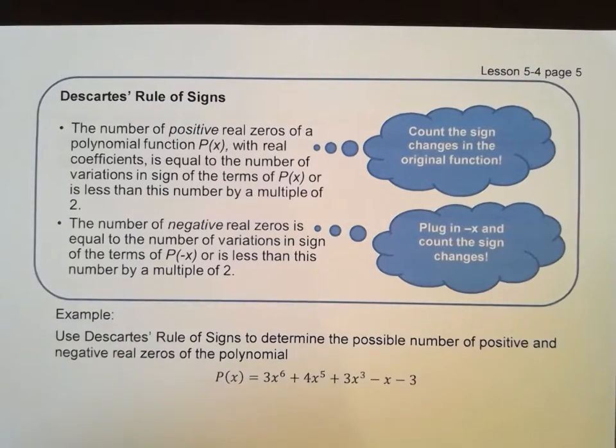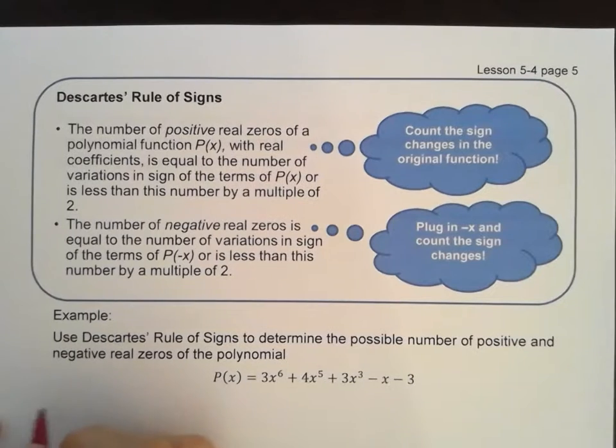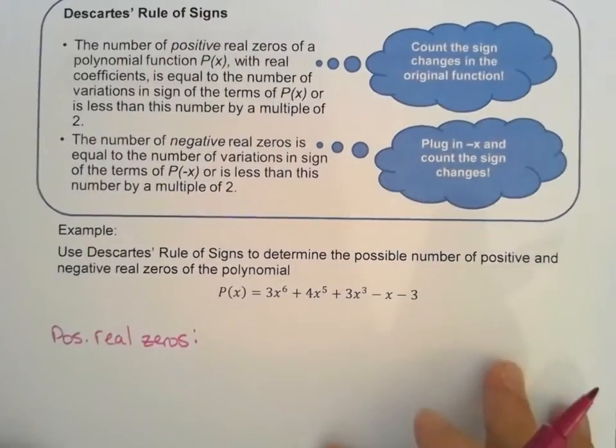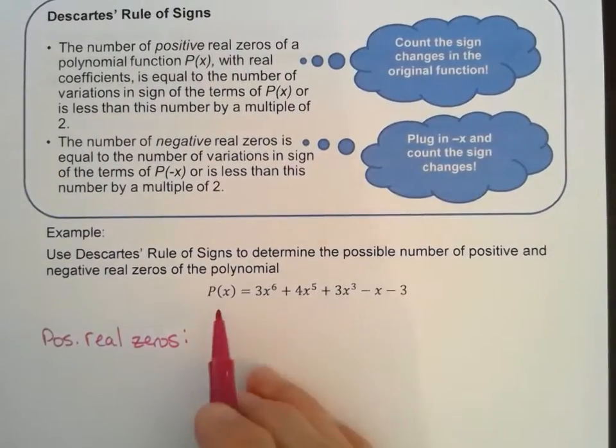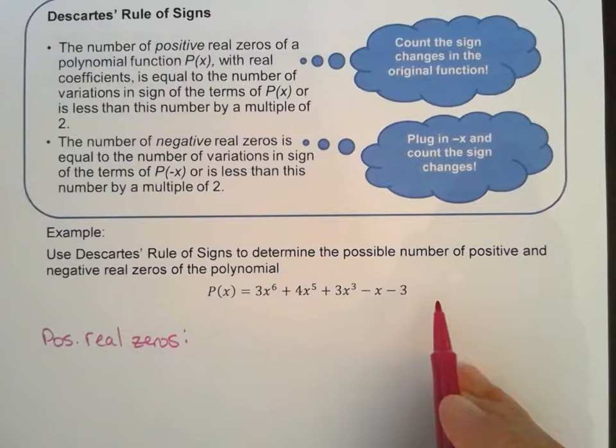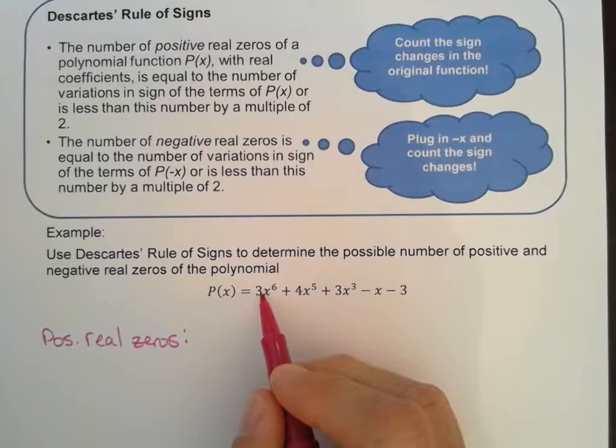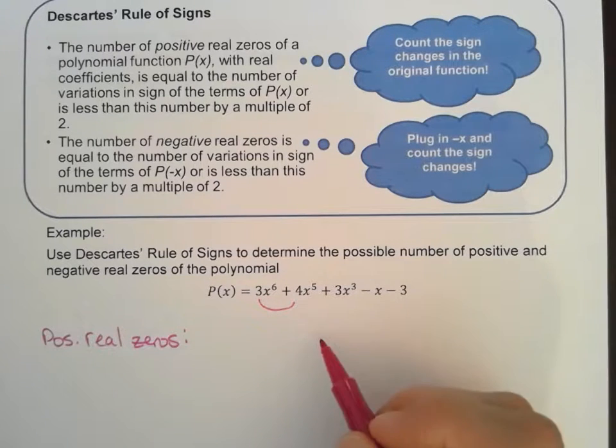So to determine the number of positive real zeros, all you do is look at your polynomial in its original form and count the number of sign changes. For example, this goes from positive to positive. That doesn't count. This goes from positive to positive.